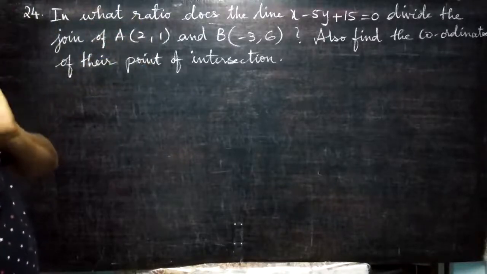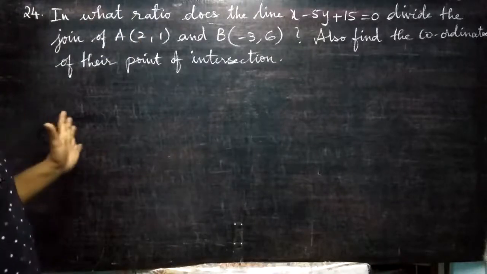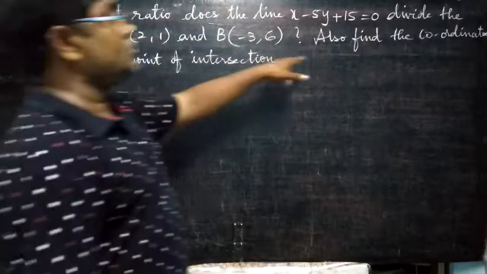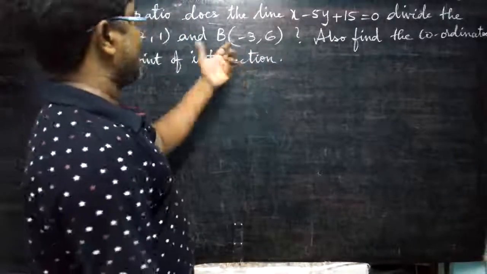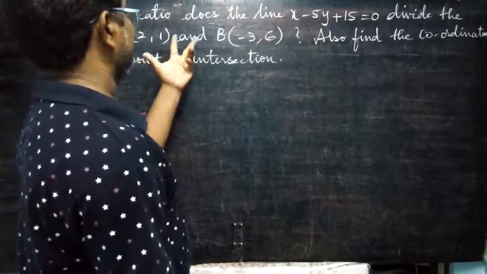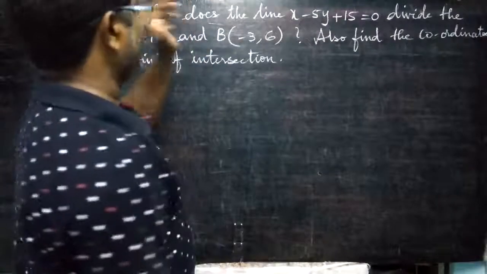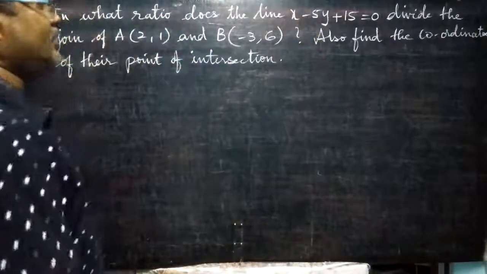P of x, P of y, or together also P of x comma y we can do. Formula, keep in mind. Also find the coordinates of their point of intersection. After finding ratio, we have to find again equation of a line, and this equation of a line intersection we have to do.